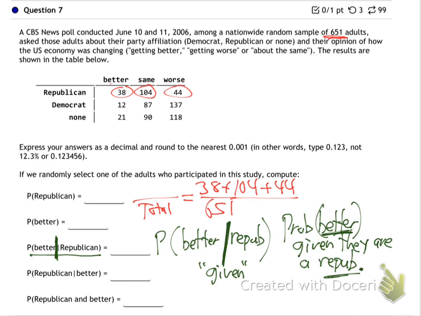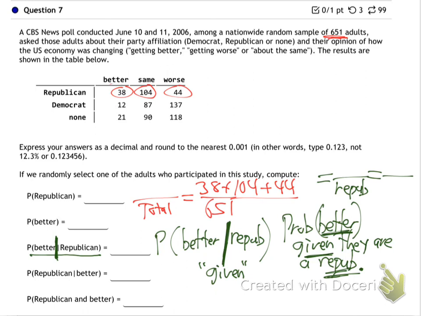The thing that comes after the line is what you're given. That's going to limit the field, isn't it? So the denominator is going to be Republicans, because we're given that we're talking about a Republican here.